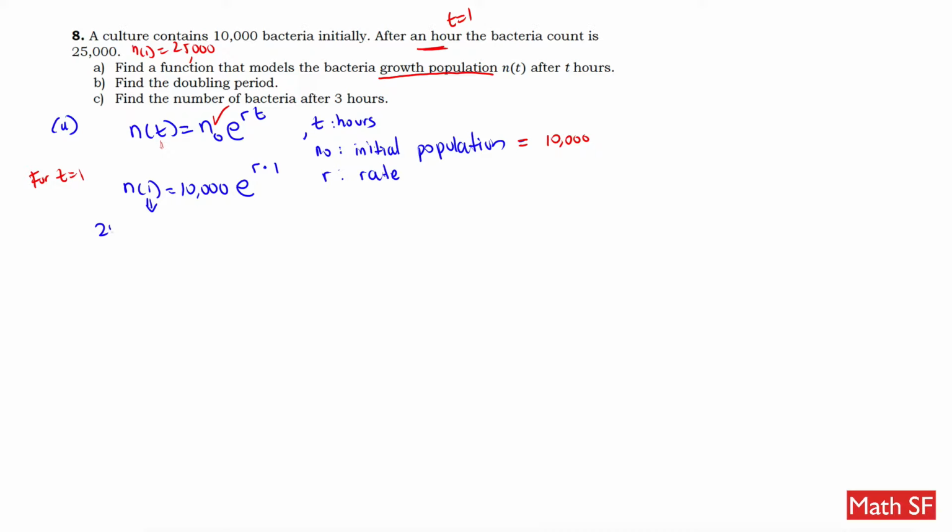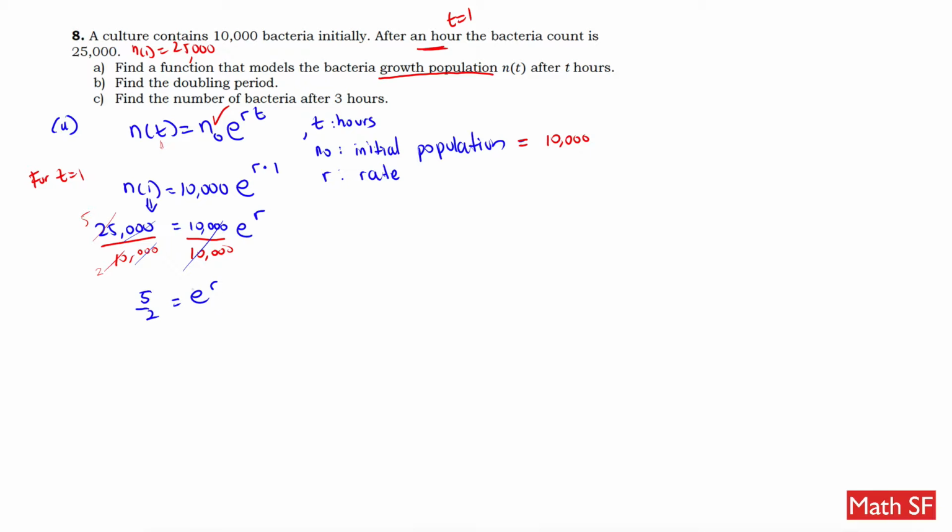So 25,000 equals 10,000 e to the 1 times r, which is just r. Now I'm looking for r, so I'm going to divide by 10,000 on each side. The zeros are pretty much gone. 5 goes into 25 five times, 5 goes into 10 twice. So 5 halves equals e to the r.